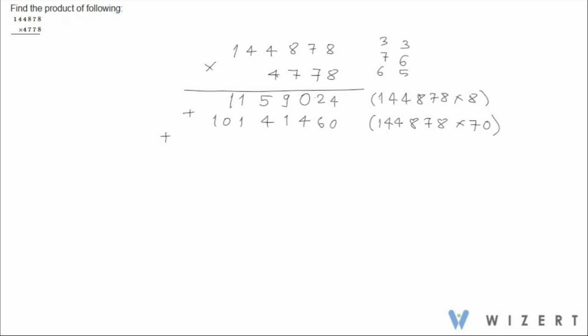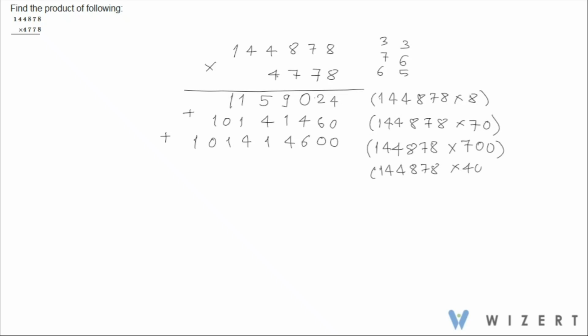So now in the next line we'll be multiplying 1,44,878 with 700. So we'll be taking two zeros over here, and since the multiplying digit is the same, we'll get the same thing here, 1014146.